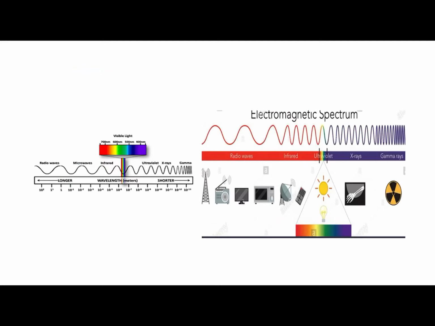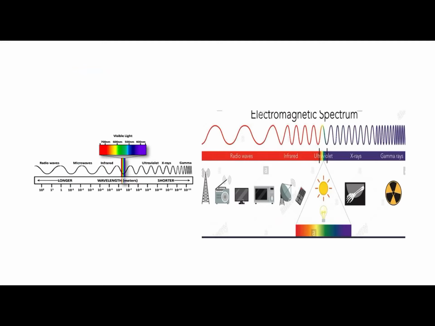An arrangement of radiations of all kinds, electric and magnetic, in order of decreasing frequency or increasing wavelength is called the electromagnetic spectrum. Different regions of the spectrum are identified by different names. Radio waves are produced by accelerated motion of charged particles in conducting wires.